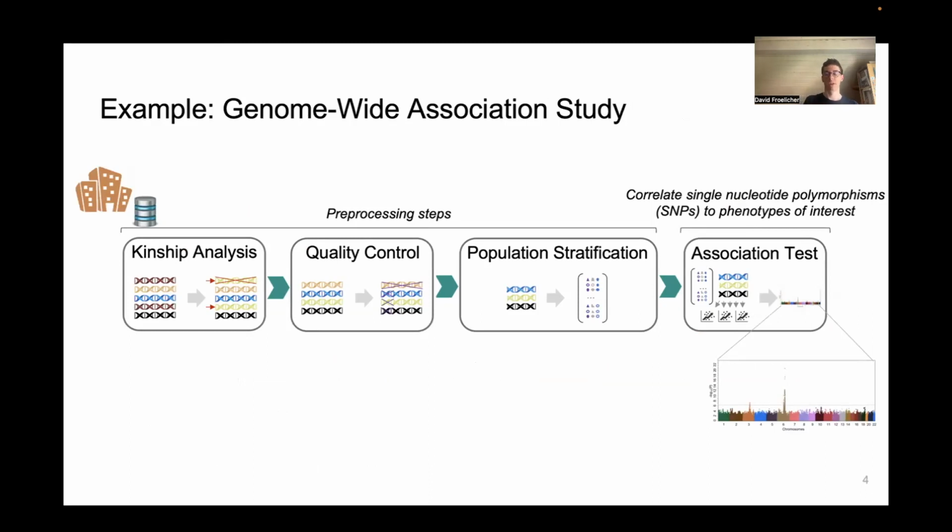for genome-wide association study. So in GWAS, the goal is to find correlations between SNPs and a specific phenotype of interest in an association test. But in order to find meaningful correlations that do not come from other properties of the data, the data first have to be preprocessed. First, the related samples have to be removed from the data.